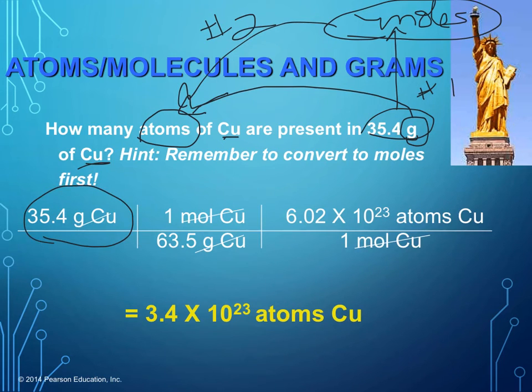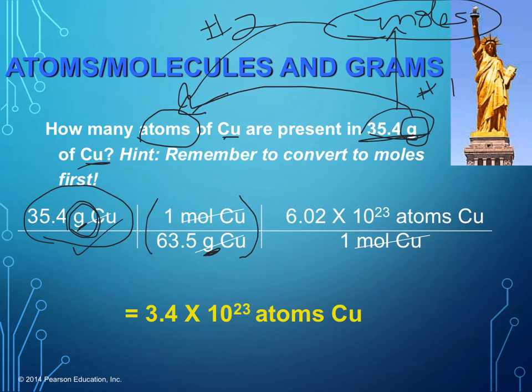Always start with the given information in the problem, which is 35.4 in this case. Include your units. Since they're grams, we need to have grams in the bottom in our conversion factor. Anytime your conversion involves grams, which is mass, you need to get the molar mass from the periodic table.